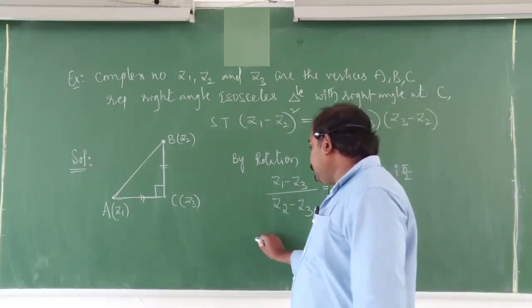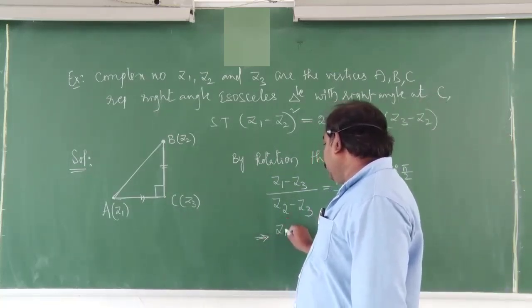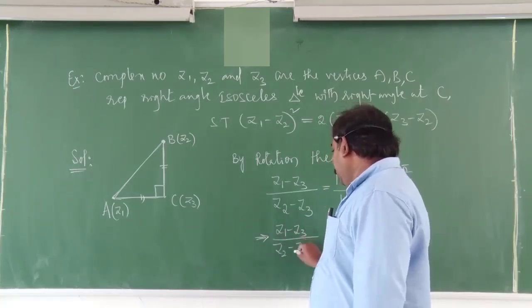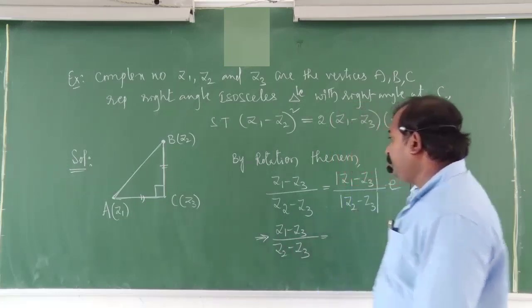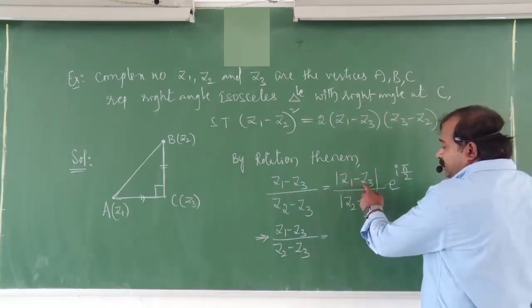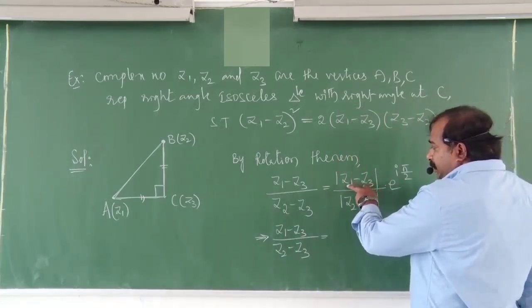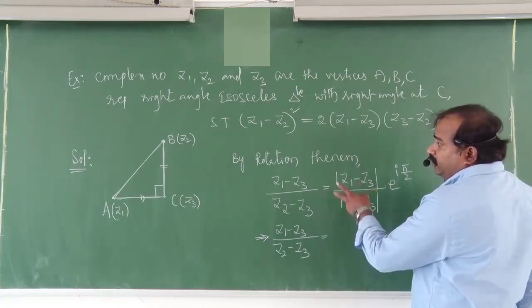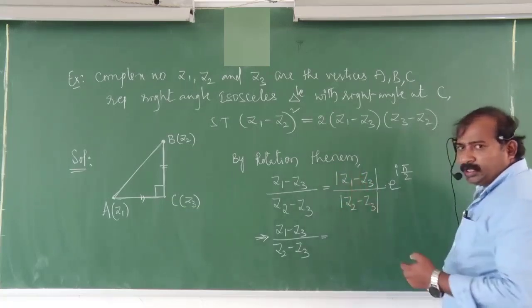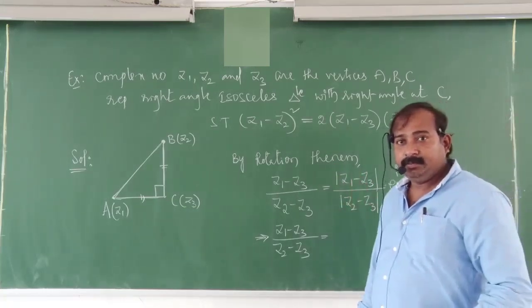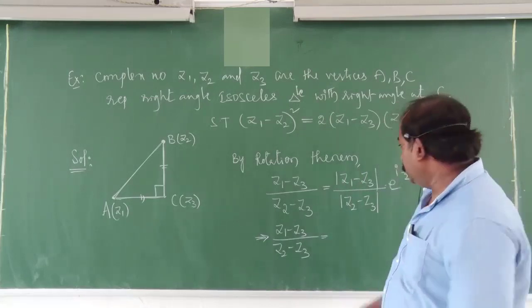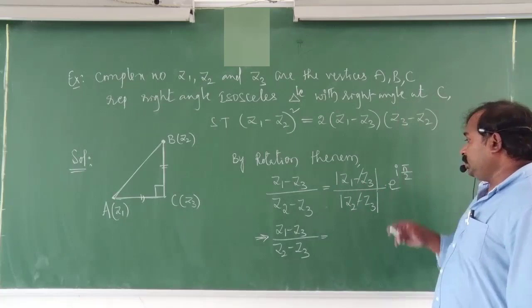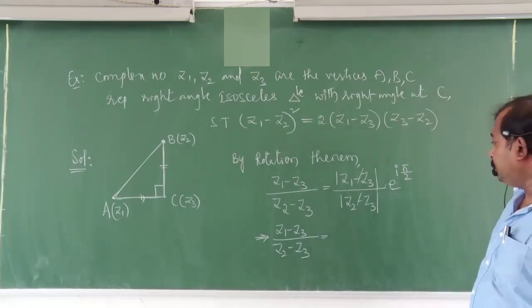Now, which implies Z1 minus Z3 by Z2 minus Z3 equals modulus Z1 minus Z3 by modulus Z2 minus Z3. What is the meaning? The distance between AC and the distance between BC are both equal, since they gave a right angle isosceles triangle. So these both are equal and cancel, leaving e power i pi by 2. What is the e power i pi by 2 value?